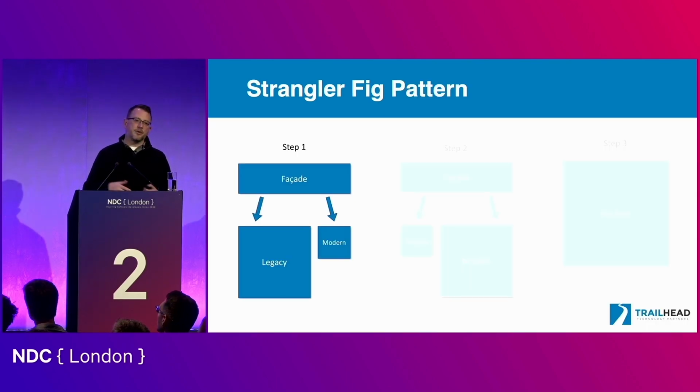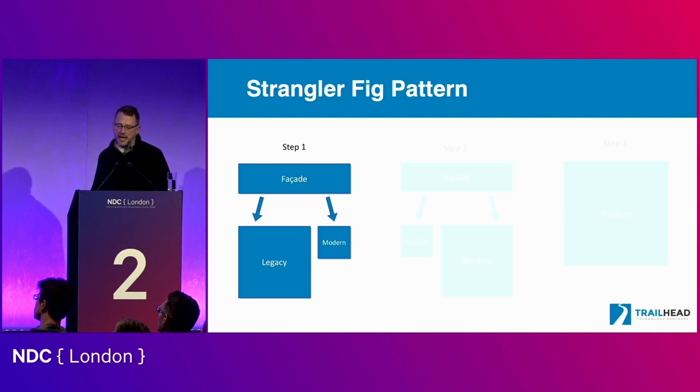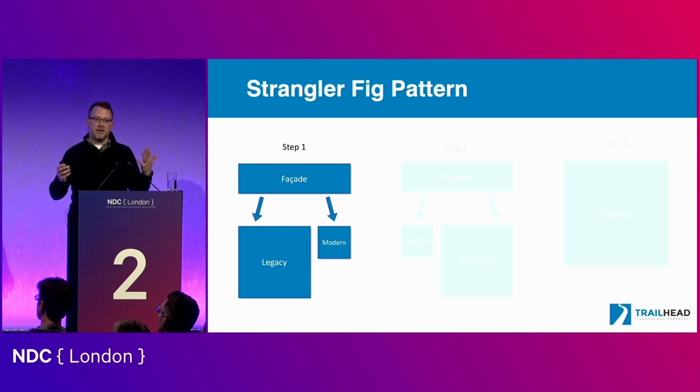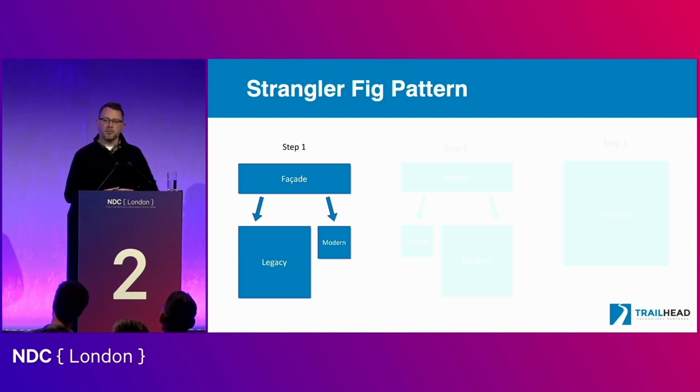So what does that look like with a web application? Well, imagine you have a legacy application. It's got the majority of the code in it. And you maybe create a new modern application that initially has very little in it, or maybe is empty, just a placeholder.